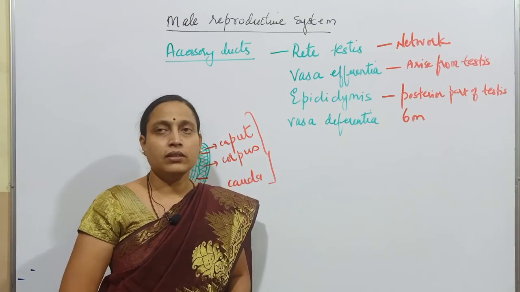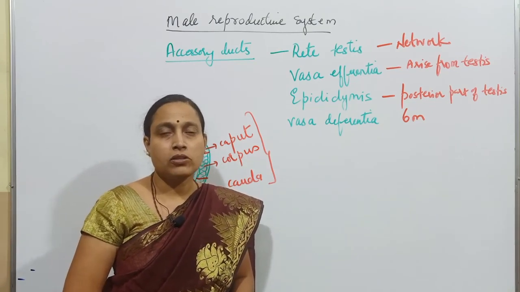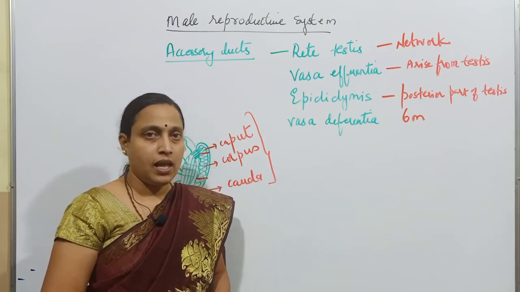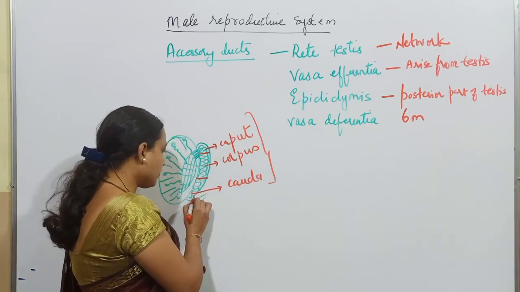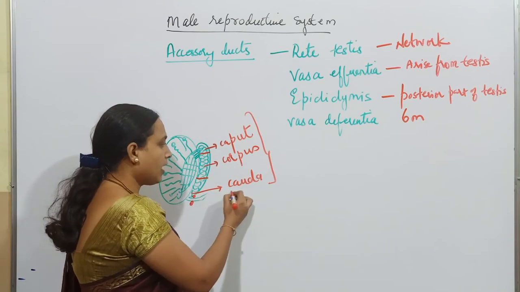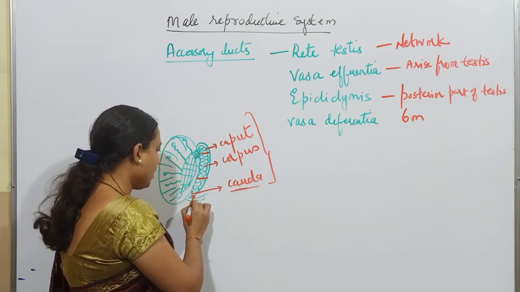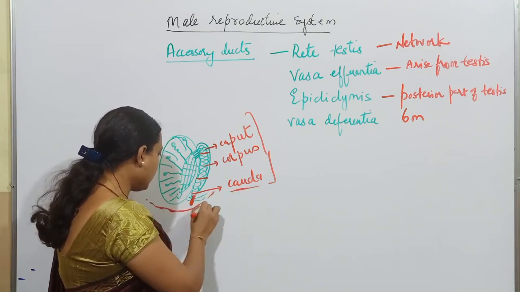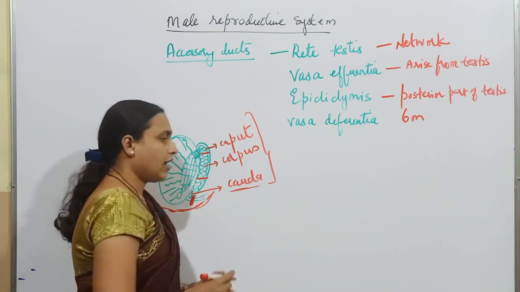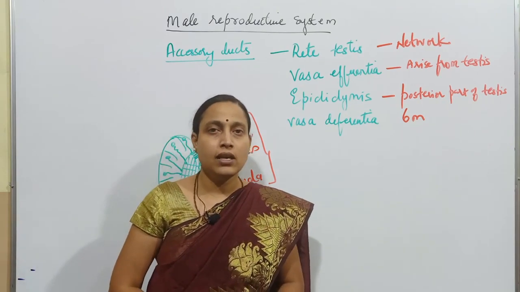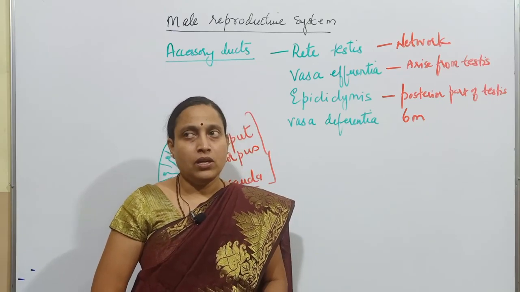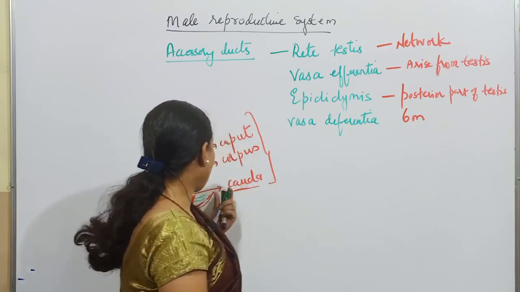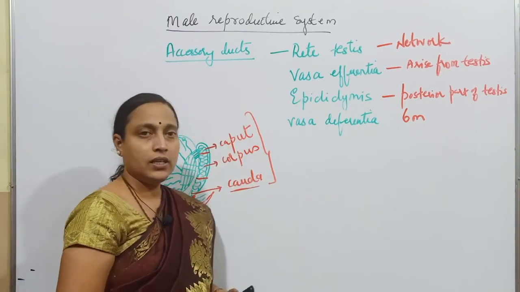So these are the 3 parts of the epididymis. And there is one fibrous tissue which usually arises from the cauda epididymis, and that connects the testis to the scrotal wall, and it is called gubernaculum. So that is about the different parts of the epididymis.